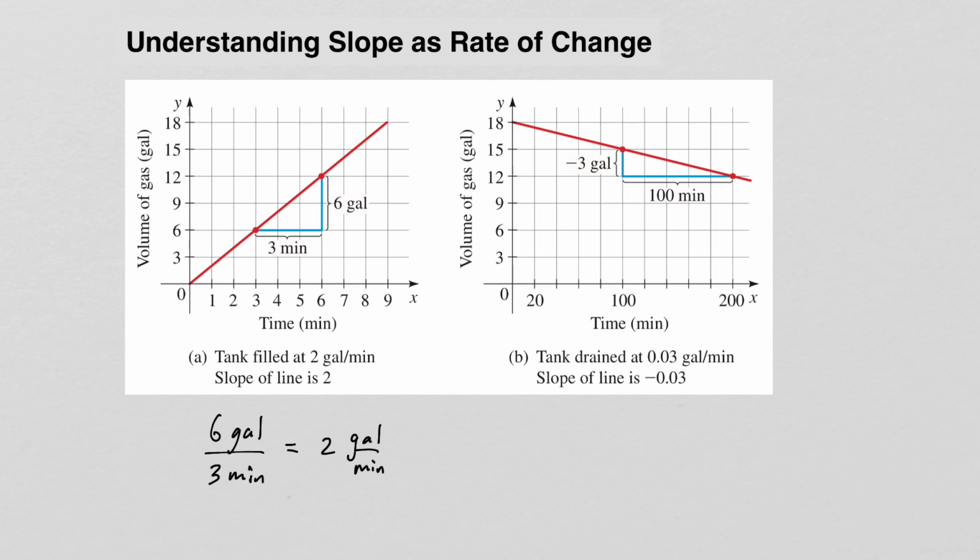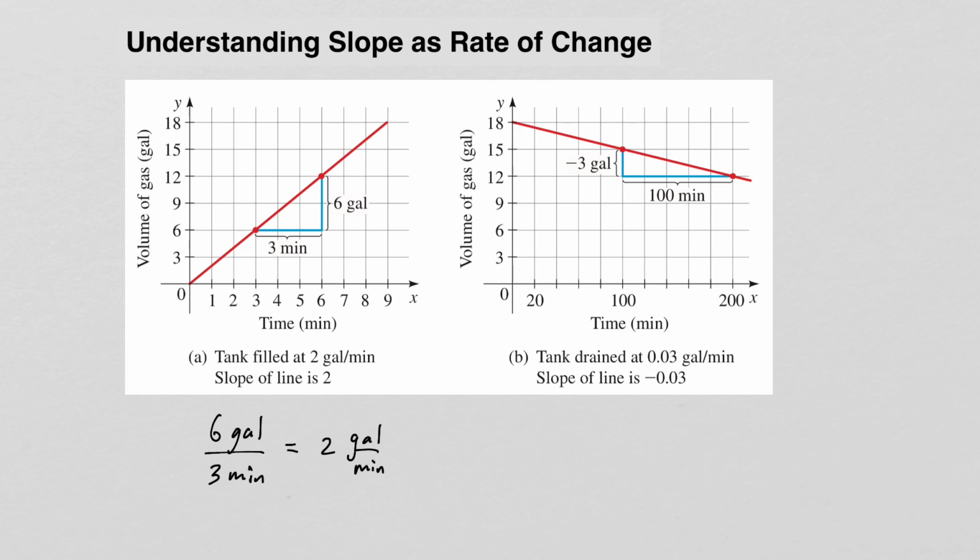Now, once this container is full of gas, and you can see that it's up here at 18 gallons now, then we start using the gas from the container, and you can see that the volume starts to drop. And it's dropping at a constant rate of change because we have a straight line here. If you pick a couple of points on this line, you can see that in 100 minutes, it dropped 3 gallons.